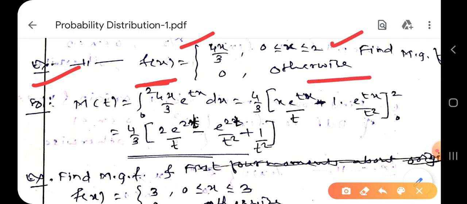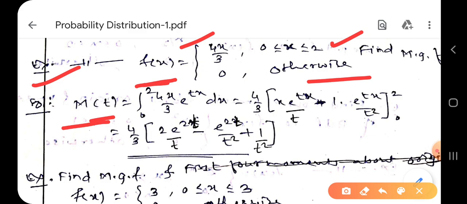So this is our function, and we have to find the moment generating function and the first 4 moments about the origin. Then in the next part we are going to start the first 4 moments, and from the first 4 moments, how to find moments about the mean also. So here first just find the moment generating function.